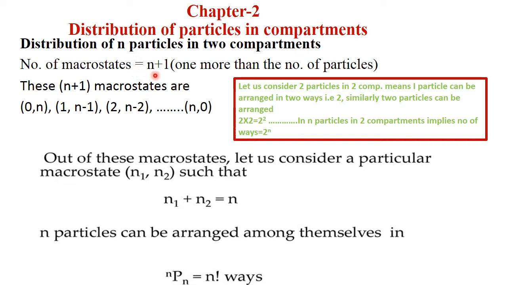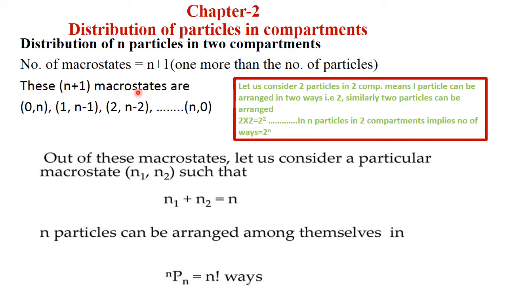Here we have n particles, that means the number of macrostates equals n plus 1. These n plus 1 macrostates are (0, n), (1, n minus 1), and so on. Naturally, if the first compartment is empty, the total number of particles in the second compartment is n. If the first compartment contains one particle, then naturally the second compartment contains n minus 1, and so on.